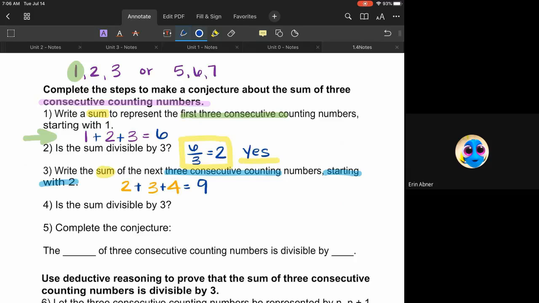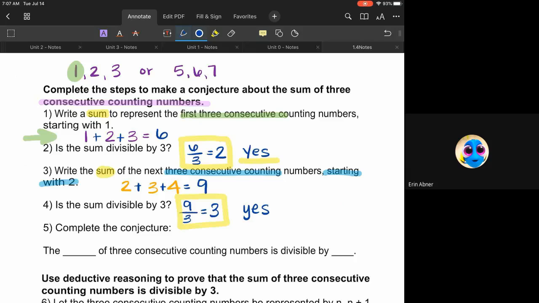Now it says, is the sum divisible by 3? Same thing we did before. I'm going to take that 9, which is my sum, and divide it by 3. There are 3 3s in 9, so I end up with 3. So here's my proving it. And since a whole number came out, that means, yes, it is divisible by 3.